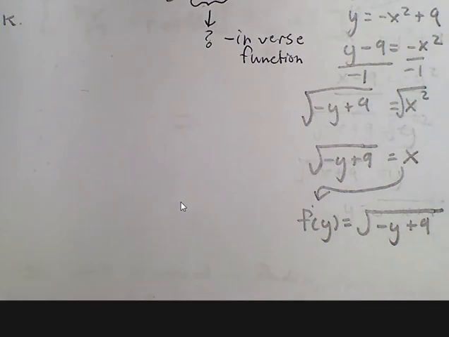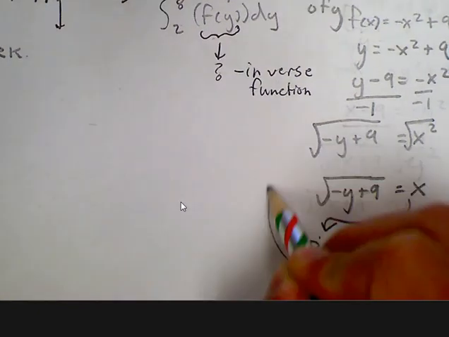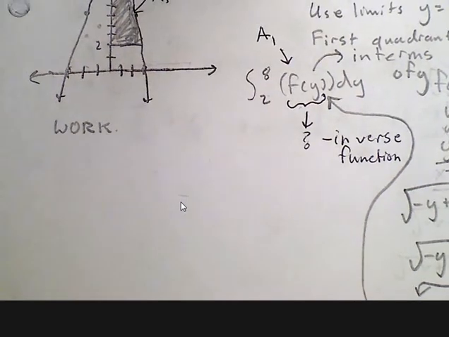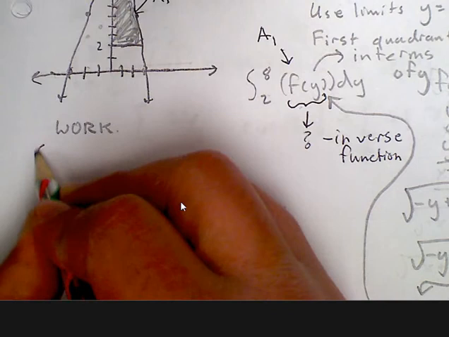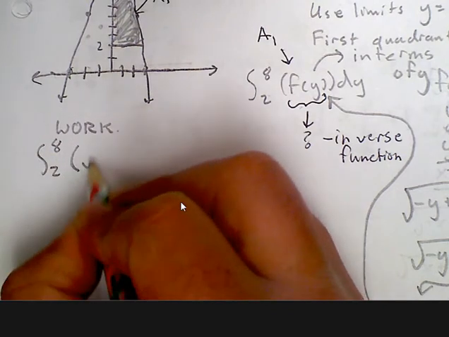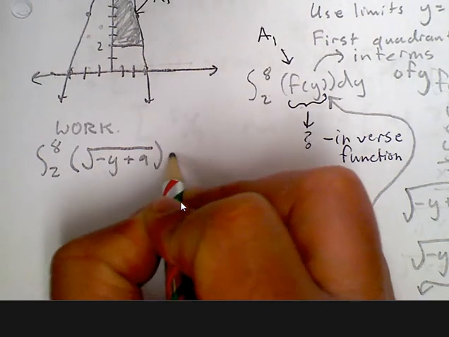Now, this is actually a tougher example. Let me show you why. When I substitute this back into my formula, I end up with the integral from 2 to 8 of the square root of negative y plus 9 dy.